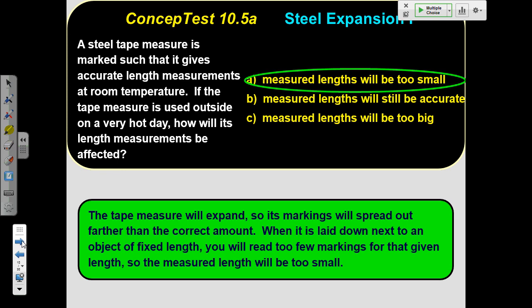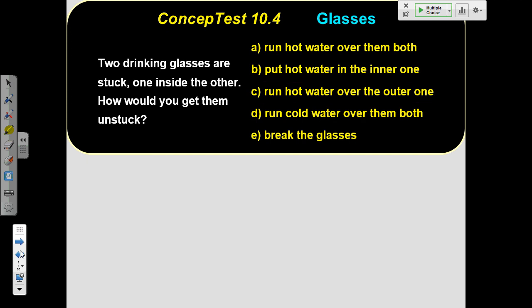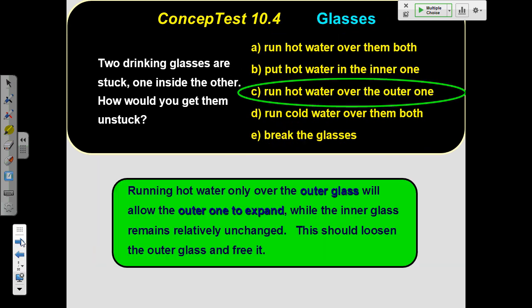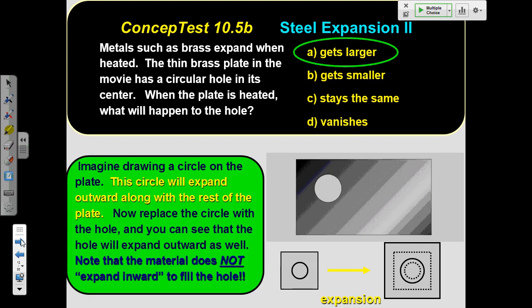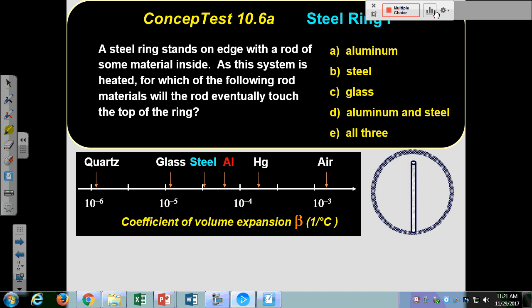This is just like the one that we did earlier. Sorry, y'all want to write down the answers? C was that one. D. Let's look at this one. So I have a steel ring. The steel ring's right here.